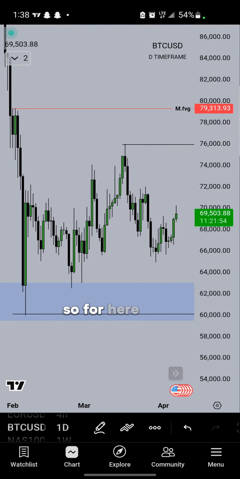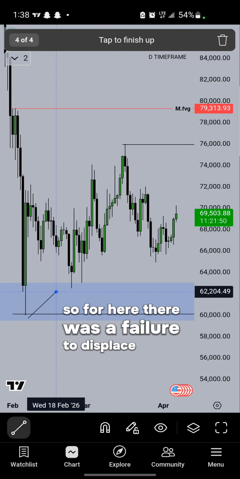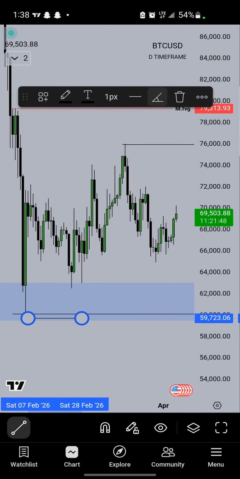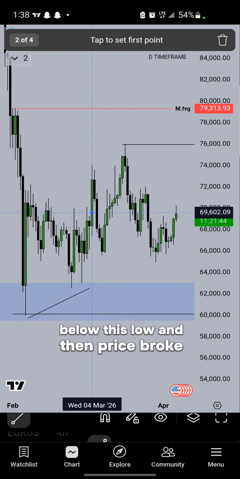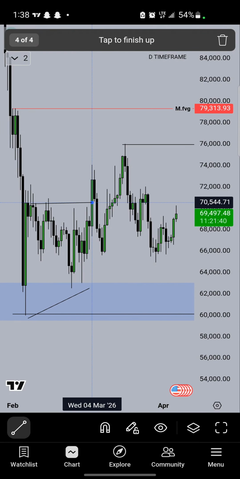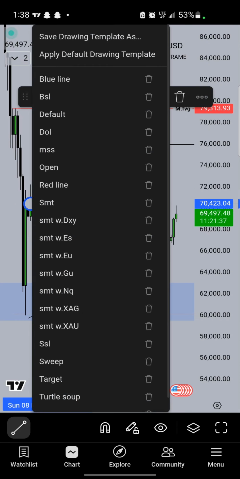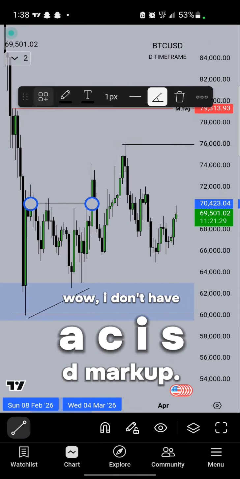Over here, there was a failure to displace below this low, and then price broke this high. This is considered a CISD. Wow, I don't have a CISD mark out.